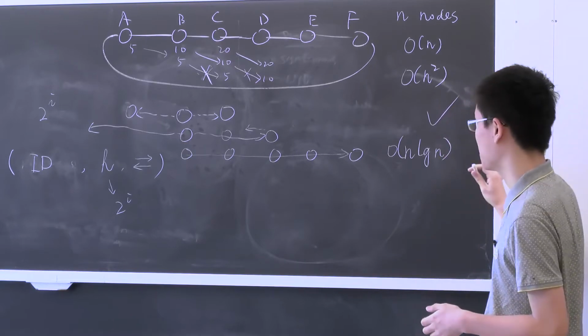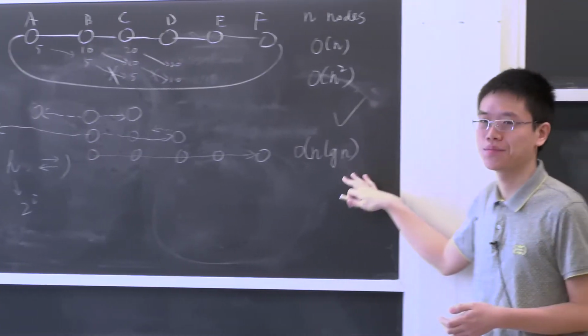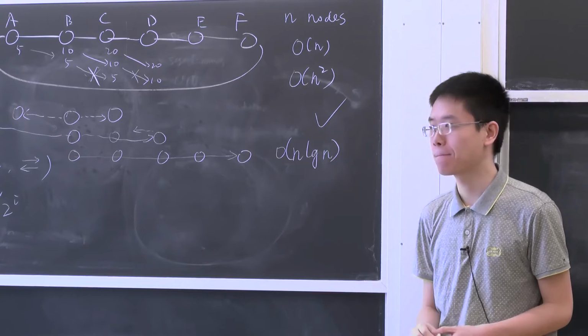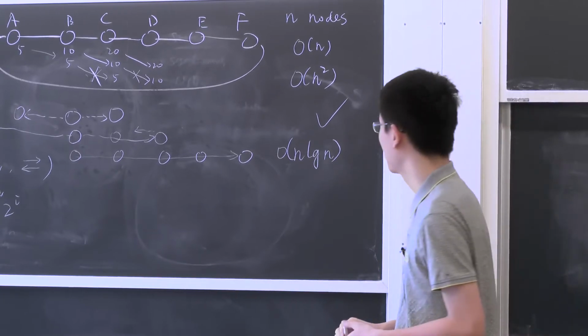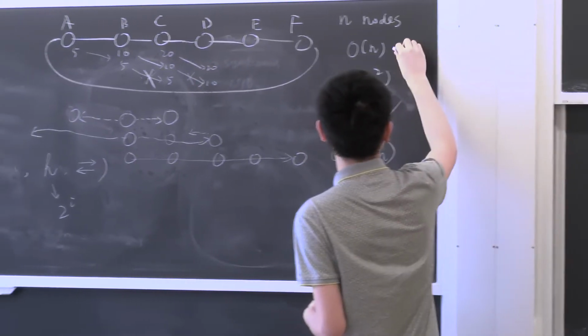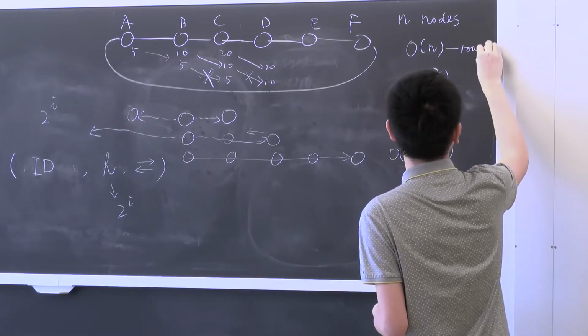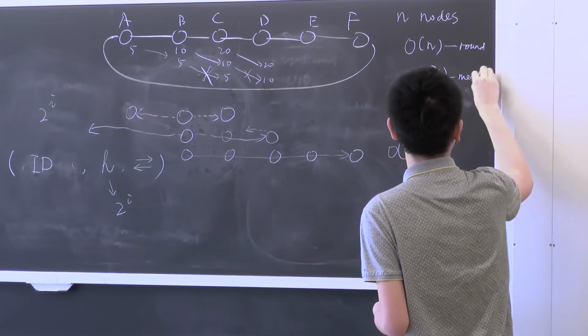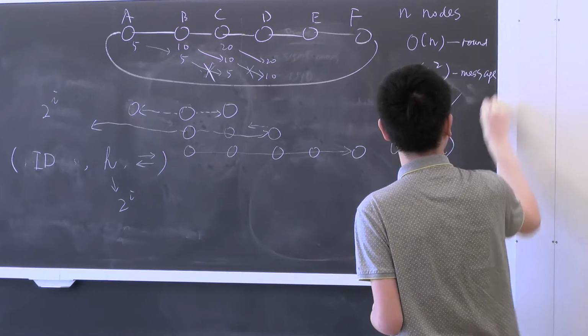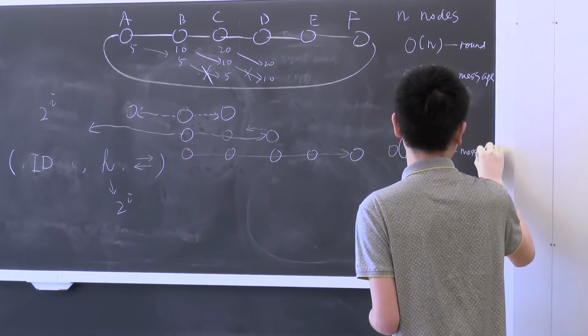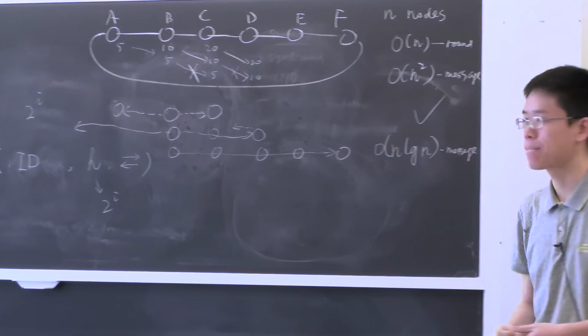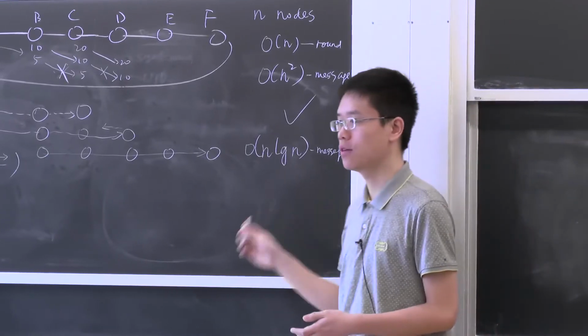Yeah, time complexity. Oh, I already claimed it's n log n. Is it? Sorry. This is rounds. This is message complexity. Okay, so why is it n log n?